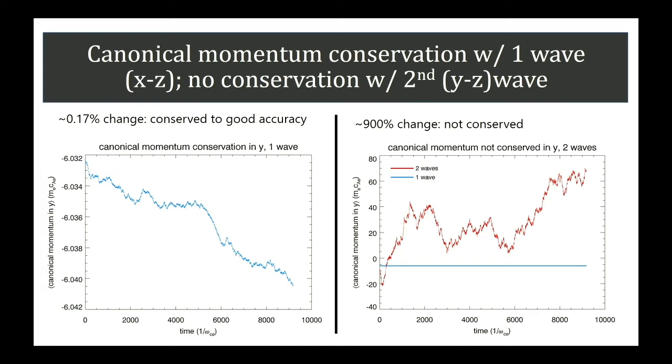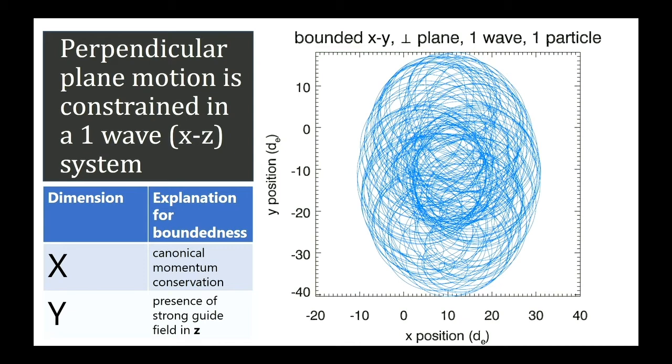But once we add a second wave, that picture changes. We see the red curve here, that's the 2-wave case. It rises hundreds of percents, whereas the 1-wave case, plotted here in blue, is almost flat on these axis scales. Now moving on to particle motion, in the 1-wave case we have some bounded motion in the xy plane that's perpendicular to the strong guide field in our simulation that governs our system.